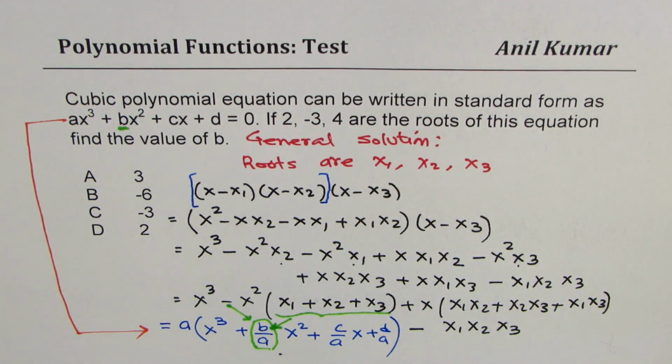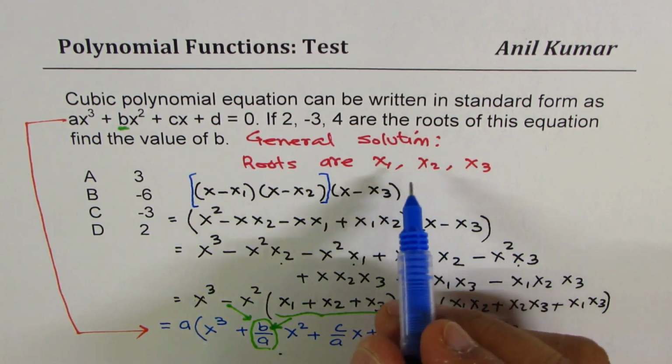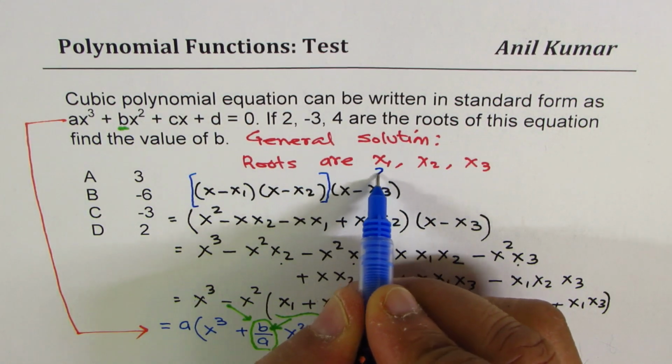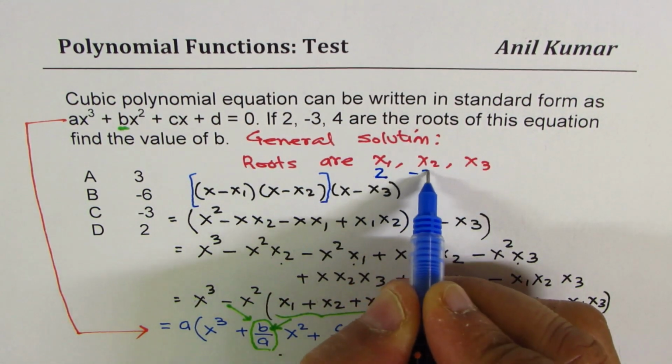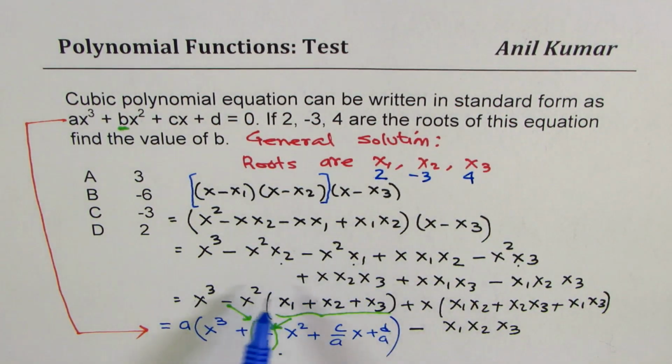From here, you conclude that the sum of these 3 roots, where x1 is 2, x2 is minus 3, and x3 is 4, when you add these, gives you minus b over a.